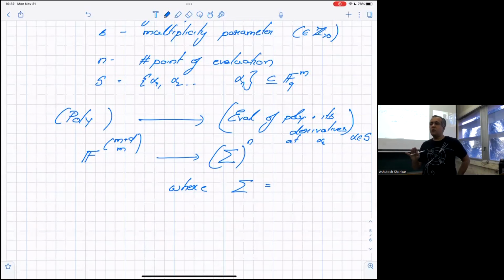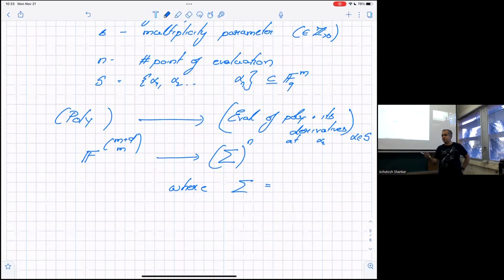Let's first ask the univariate calculation. If you want to give all multiplicities less than S, how many field elements do you have to give? You have to give the evaluation of the polynomial, the first order derivative, the second order derivative, all the way up to the S minus first order derivative. So in the case M equals 1, that is it. What about M equals 2?